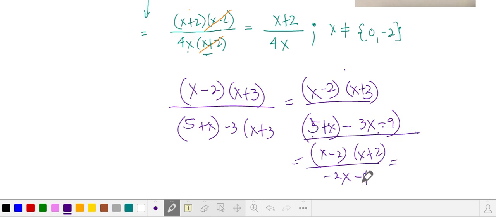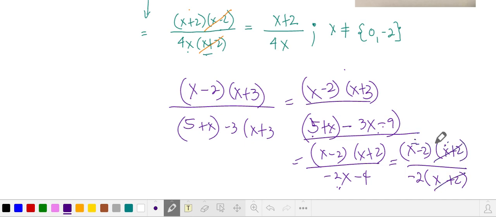And then that's when you factor out the denominator, x minus 2, x plus 2. Your greatest common factor here is a -2. I'm going to factor out -2, so therefore I will have x plus 2. See, this one, you can cancel the x plus 2 because that's multiplication between these two, multiplication between these two. Okay, so that's the main difference.